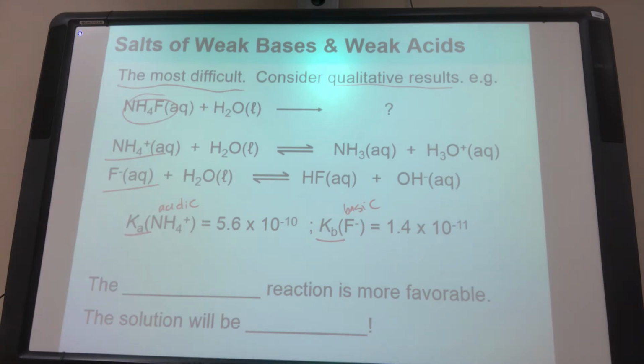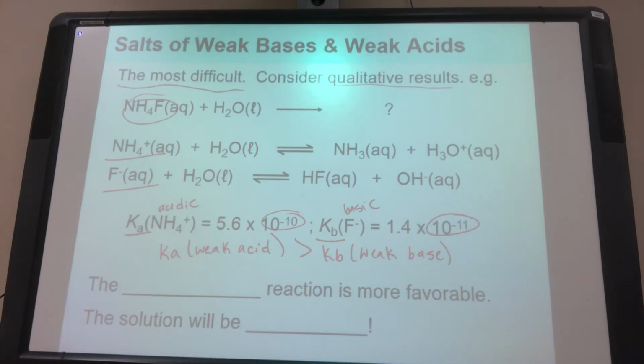In this case, the Ka for my weak acid is greater than the Kb for my weak base. I compare the numbers, 10 to the negative 10, 10 to the negative 11. So the Ka is a bigger number than the Kb.